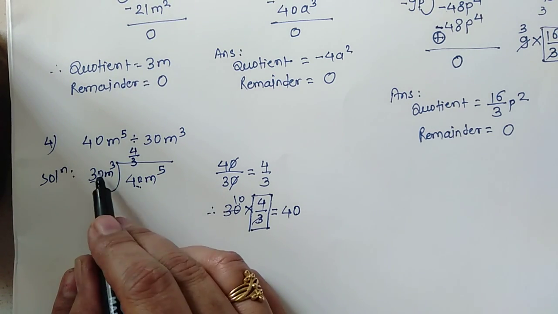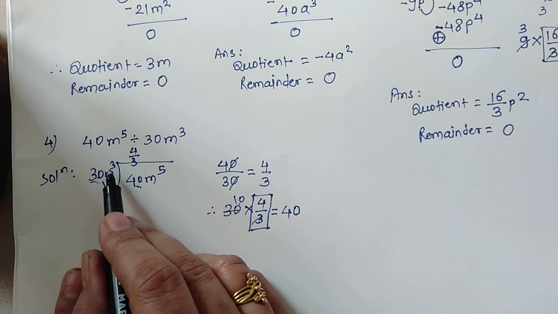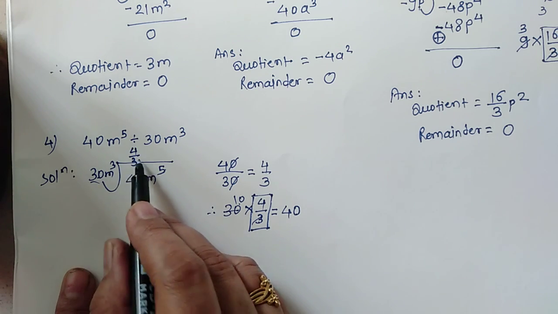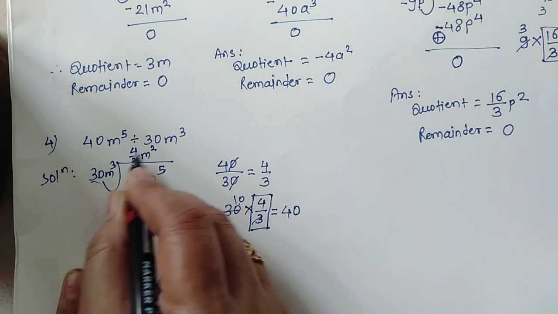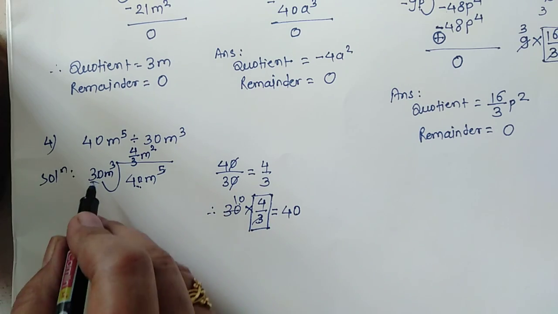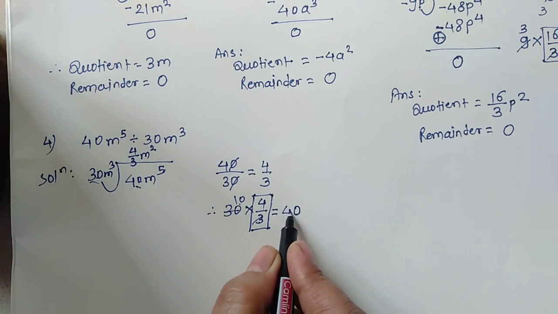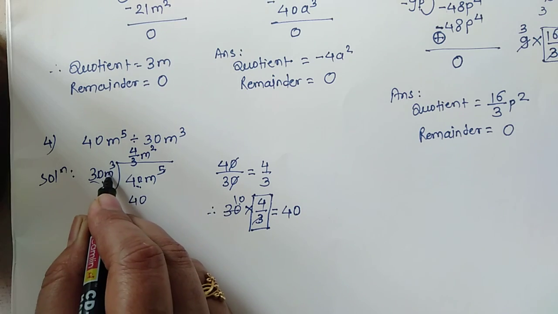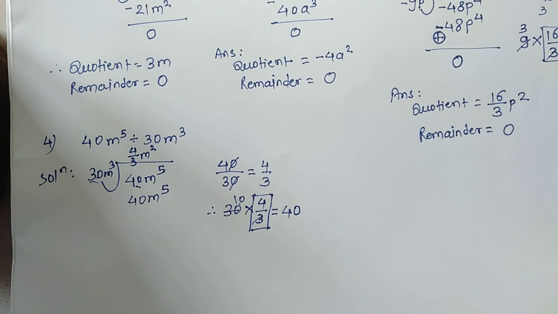Now see the variable part, m cube and m raised to 5. So if we multiply m cube with the m square, because 3 plus 2 is 5, then we get the m raised to 5. So 30 multiplied by 4 upon 3 is 40 and m cube multiplied by m square is m raised to 5.